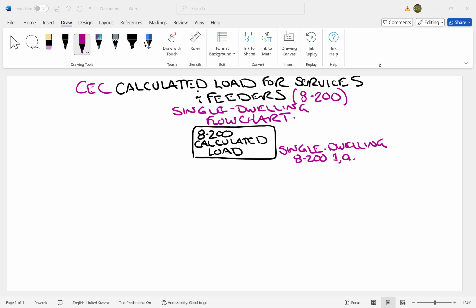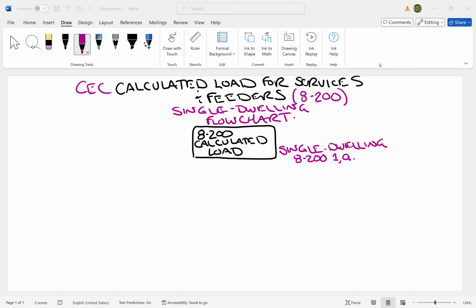What 1A1 and 1A2 say is that a small dwelling means up to 90 meters squared, so less than 90 meters squared.